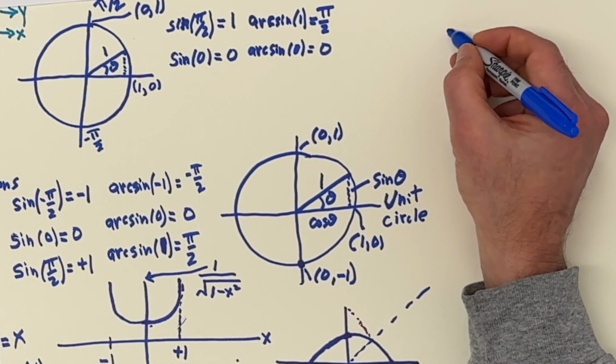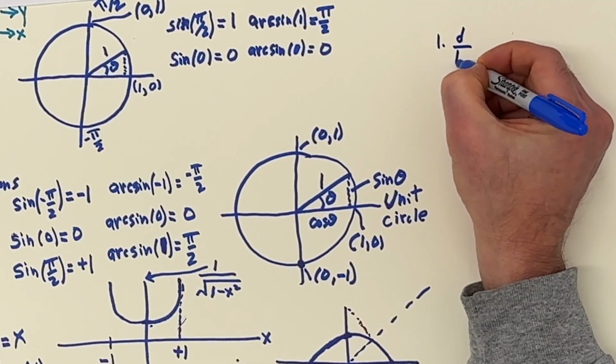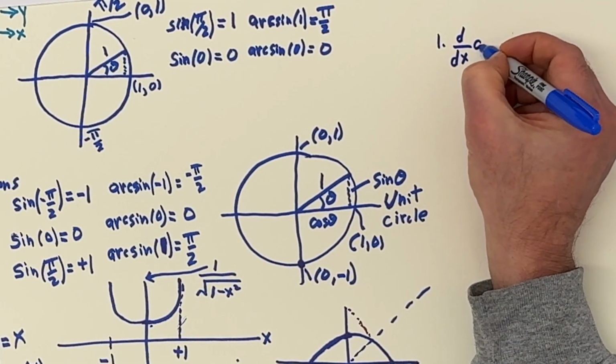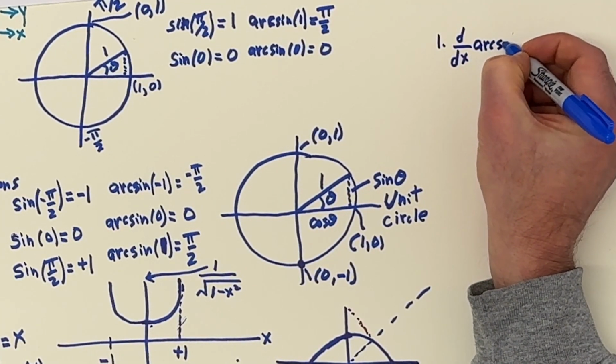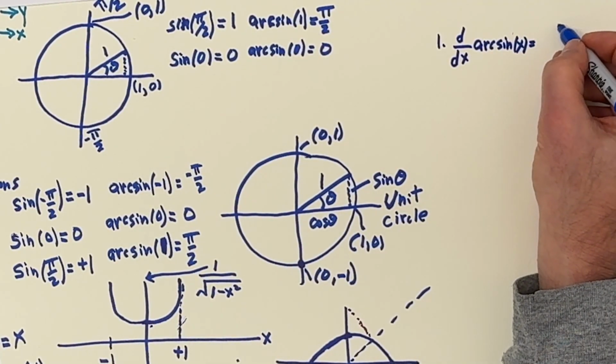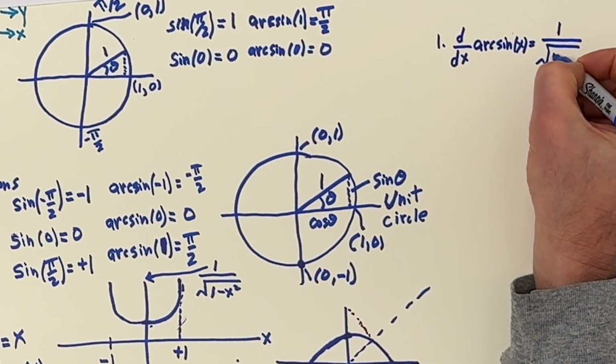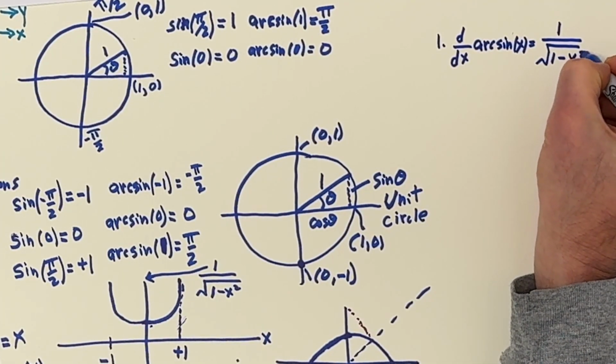So in a summary, for part 1, we show that the derivative of the arc sine of x is 1 over the square root of 1 minus x squared.